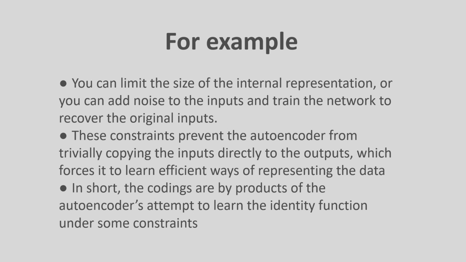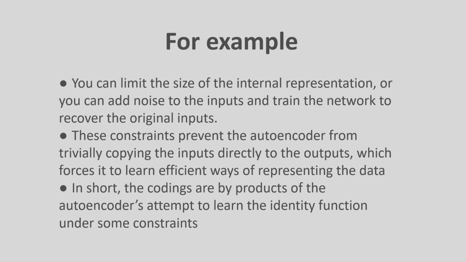So we can limit the size of the internal representation. That means we can compress the input data more, or we can add noise to the inputs and train the network to recover the original inputs. That means the autoencoder can be used for removing noise. The noise is eliminated and we can reconstruct the original input image.